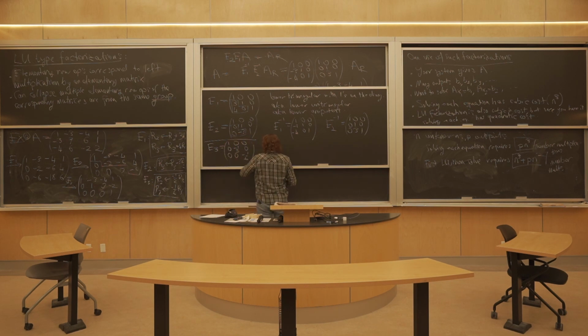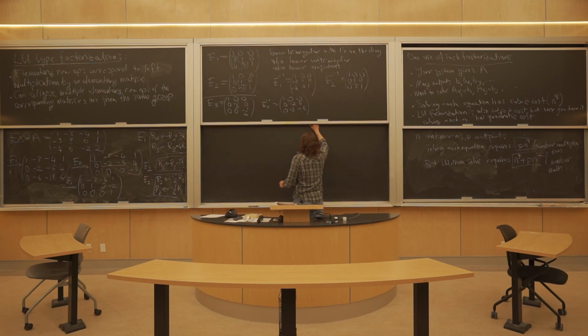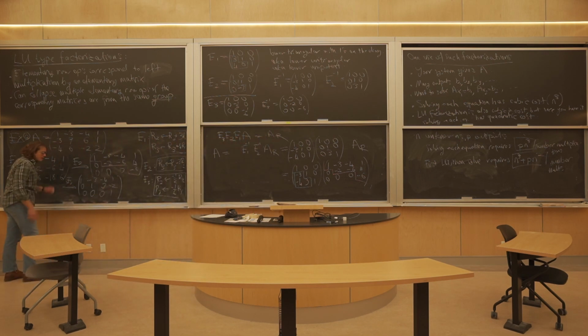And of course, its inverse is also diagonal, and it's simply this. Now, updating this calculation over here, I have something else. Let me call this E3. And now I'm calling this new echelon form A sub r.